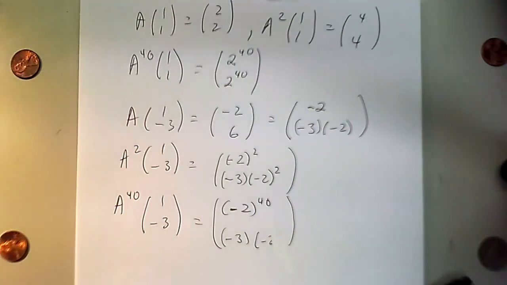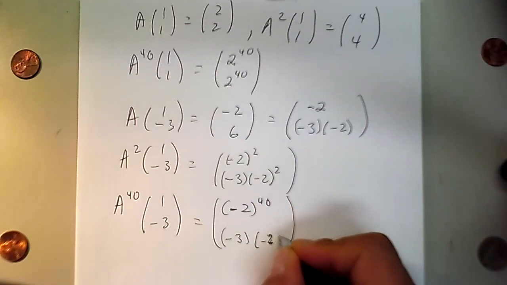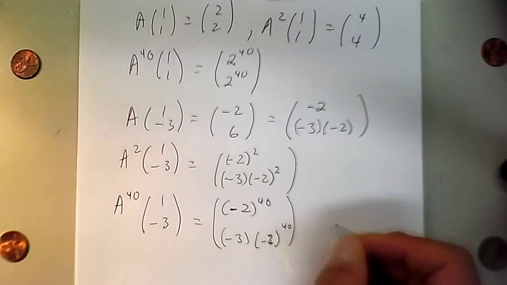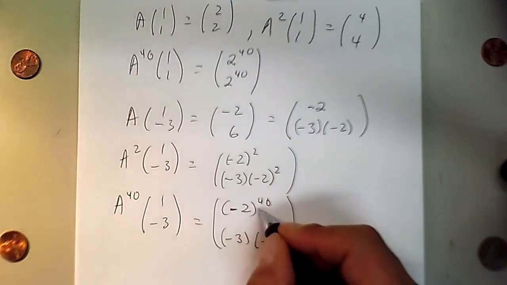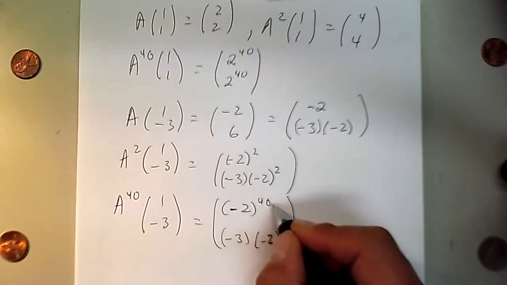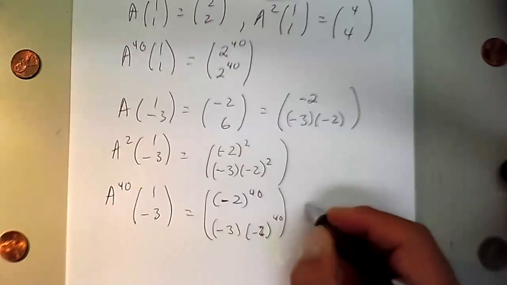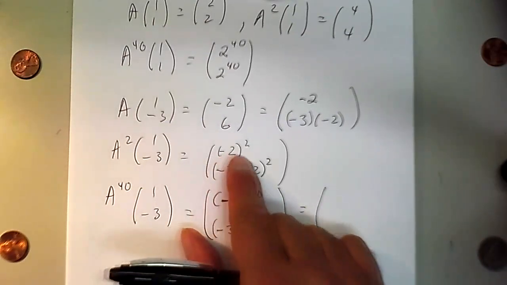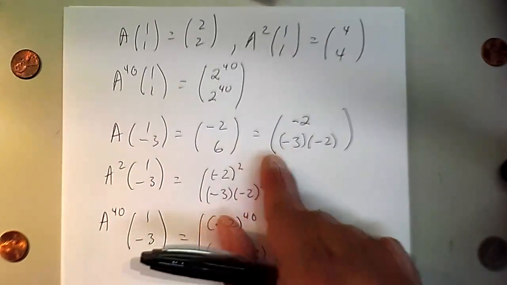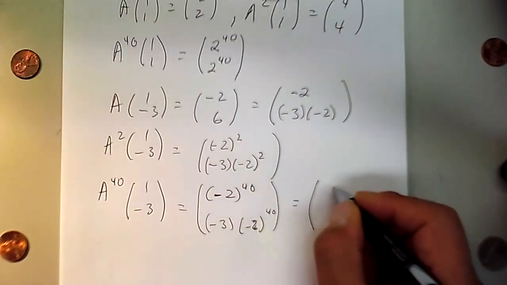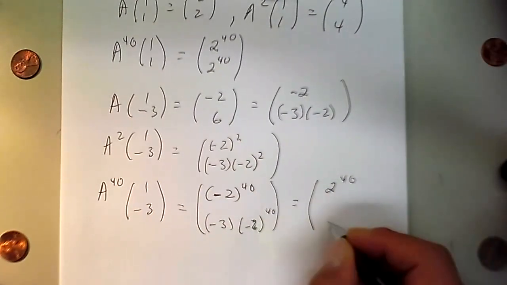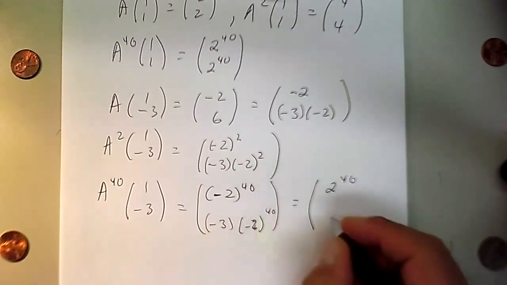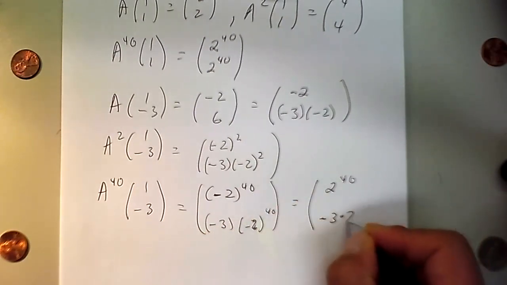Negative 2 to the 40. By the way, since we have an even exponent, the negatives are going to go away. This is the same thing as 2 to the 40, only because we have an even exponent. If we had an odd exponent, then the negatives don't go away. So we have 2 to the 40, and then negative 3 times 2 to the 40.